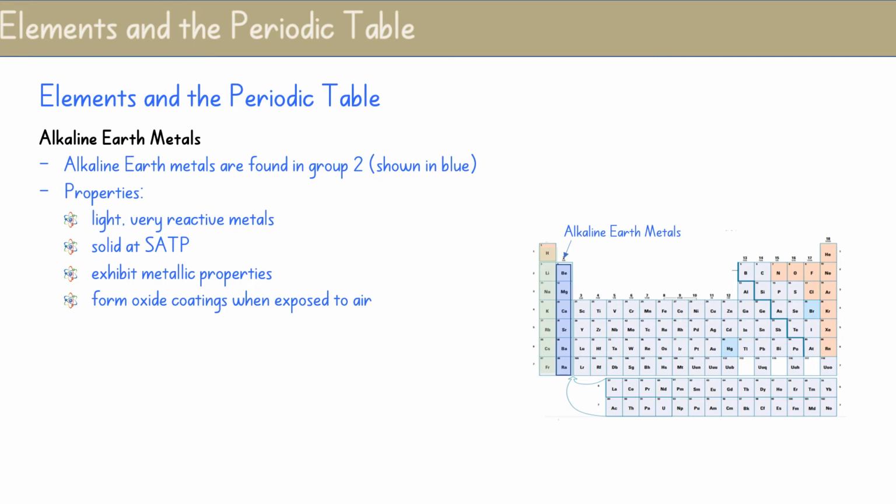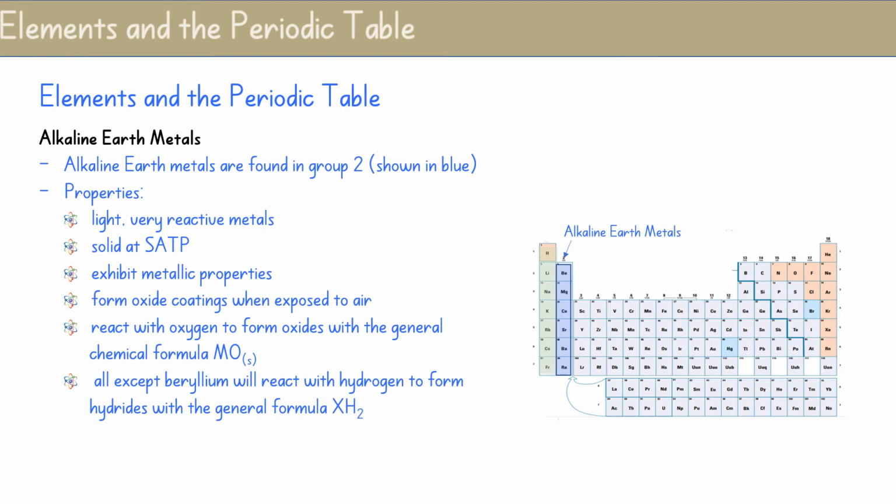They form oxide coatings when exposed to air, react with oxygen to form oxides with the general chemical formula MO. All except beryllium will react with hydrogen to form hydrides with the general formula XH2. They react with water to liberate hydrogen.